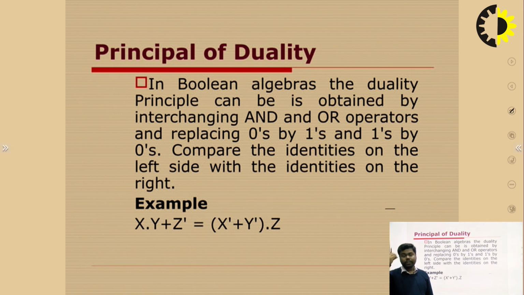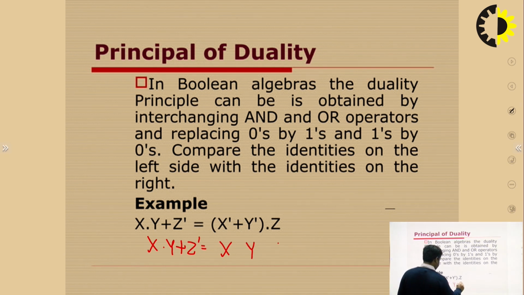This is the example: x dot y plus z dash equals, I am solving it, x dot y plus z. These are the variables. We can't change the variables, so we put only the variables x, y, and z.